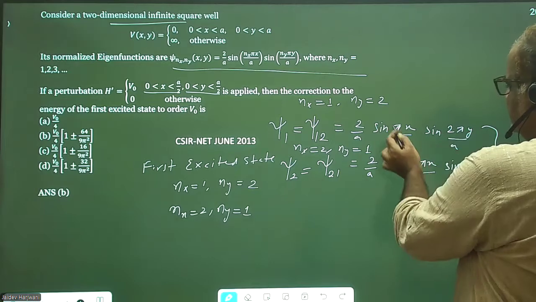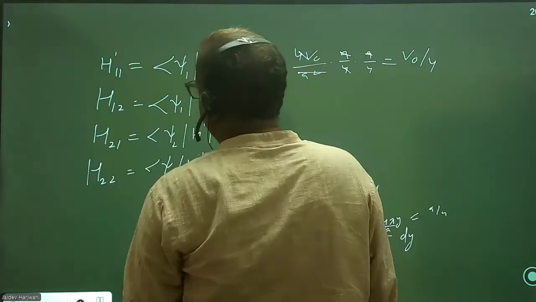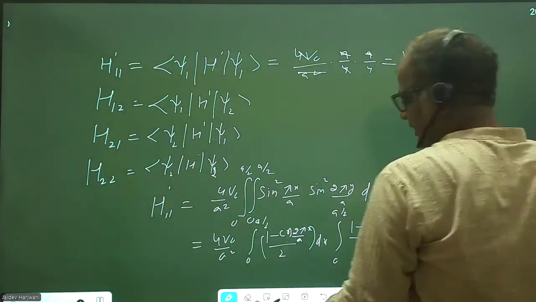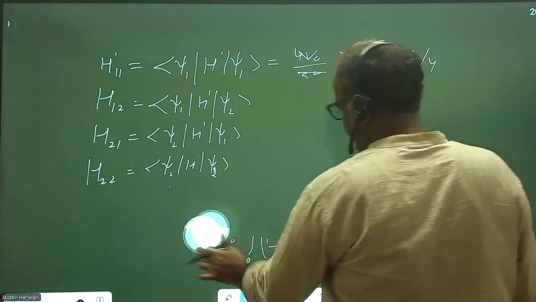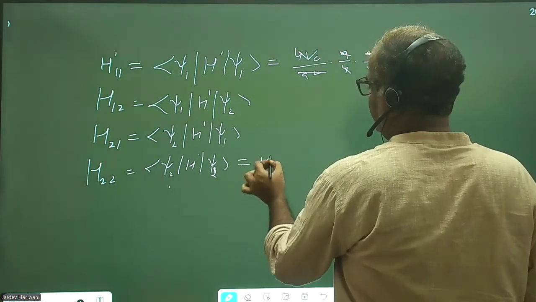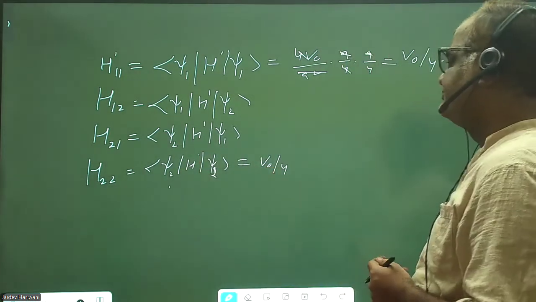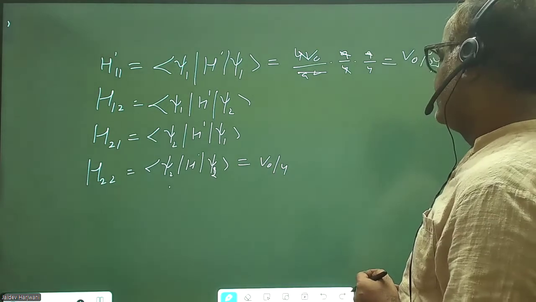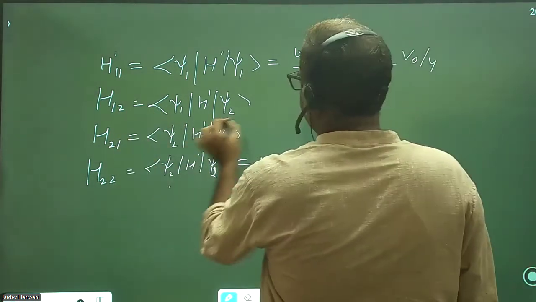So by symmetry I can say my diagonal elements will also be V naught by 4, because these are all real wave functions. So now we only have to calculate h12 and h21.